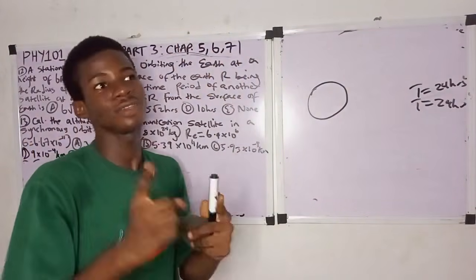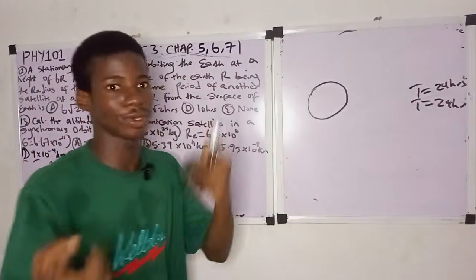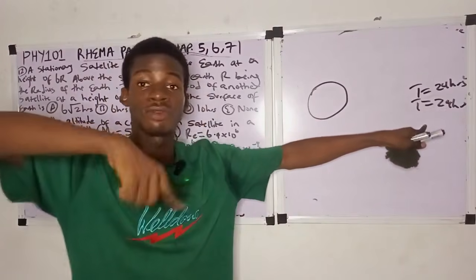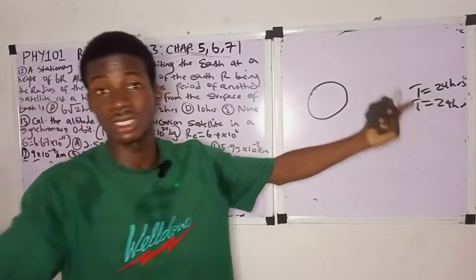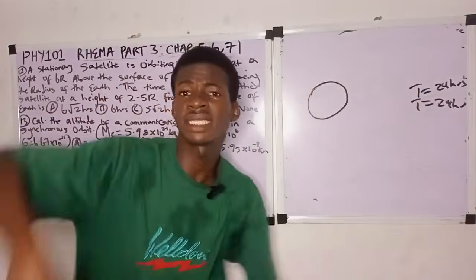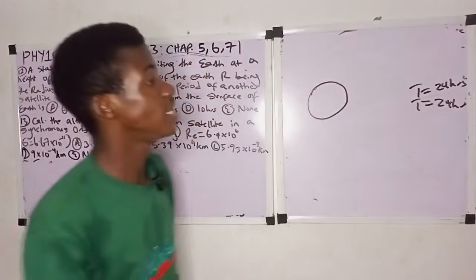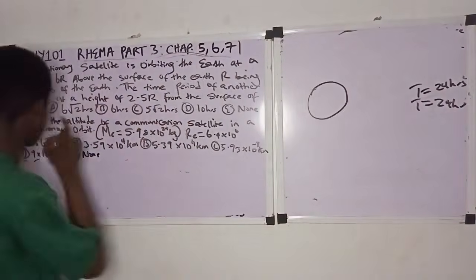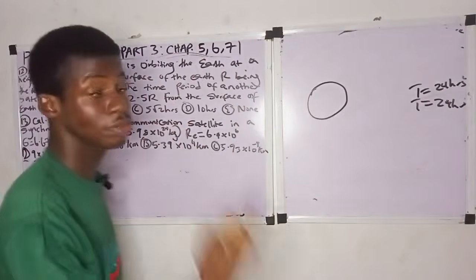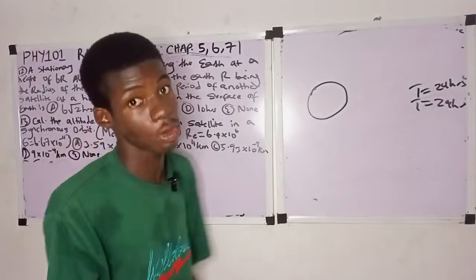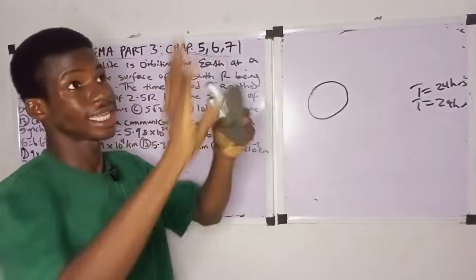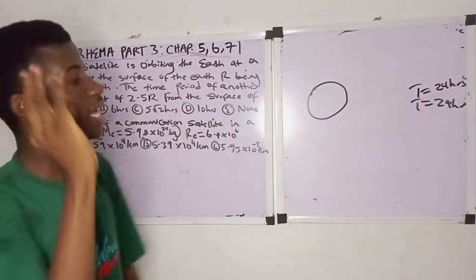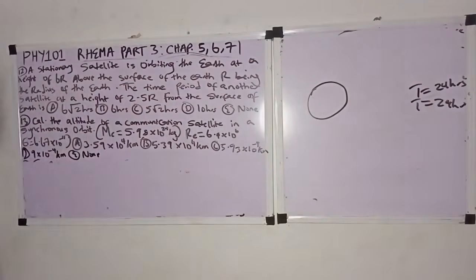The reason you think they are stationary is that they have the same period: the rate at which they revolve is the same as the period at which the Earth revolves around its axis. So a synchronous orbit is also known as a stationary orbit. It's not as if the satellite is actually stationary; it's because it revolves at the same period as the Earth revolves around its axis.